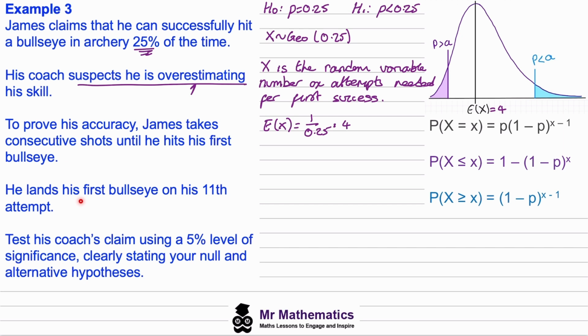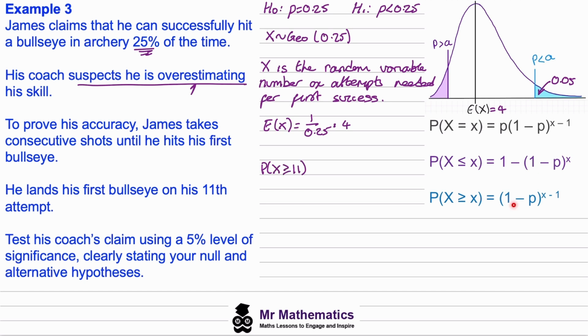And we've been told that he lands his first bullseye on the 11th attempt, so we're looking at the region to the right. So this is our critical region here. And we're given that the significance level is 0.05. So this is the area of this critical region. And then to find out whether the 11 falls to the left or to the right, we need to calculate the probability of X being greater than or equal to 11.